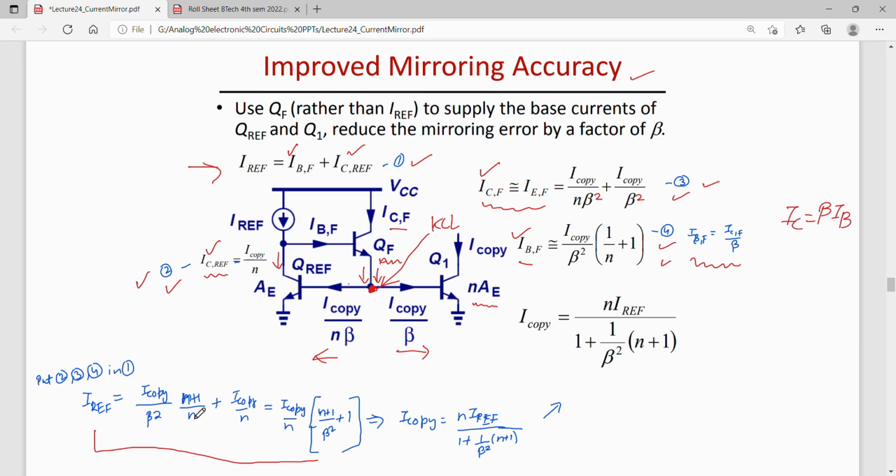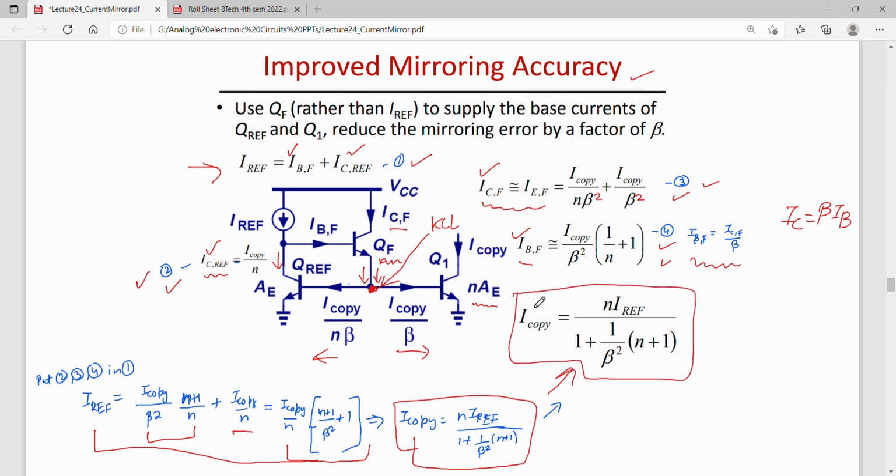Okay, so this is n plus 1 by n, plus I copy by n, and which then is equal to I copy by n times 1 by beta square plus 1. So from this I can write I copy. So I copy can be written as this much, which is similar to this I copy. So both are same. So that is the current that is copied is now equal to this much.